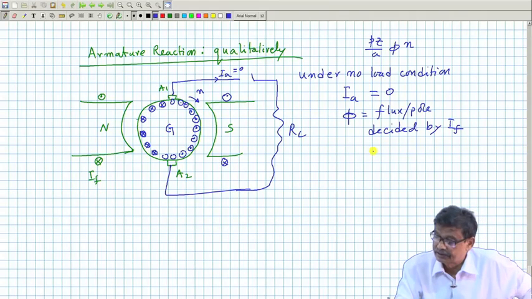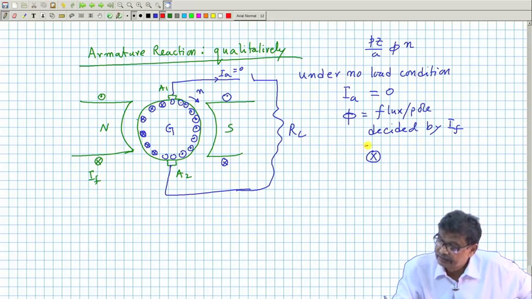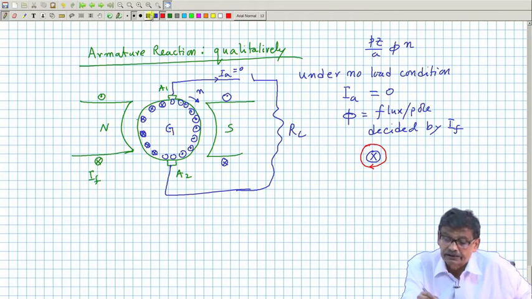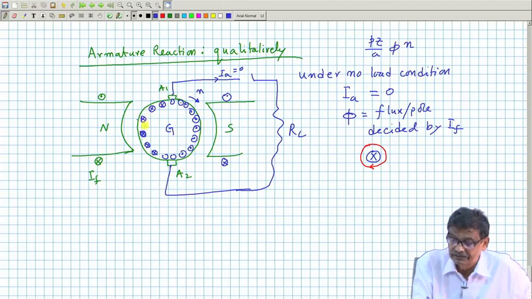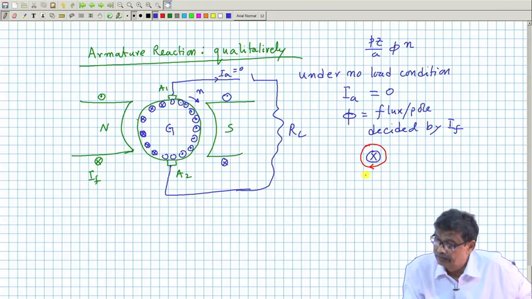Suppose a conductor is carrying cross current, the magnetic field produced by this will be like this, we know. There is another conductor here, circular like this, also carrying cross.